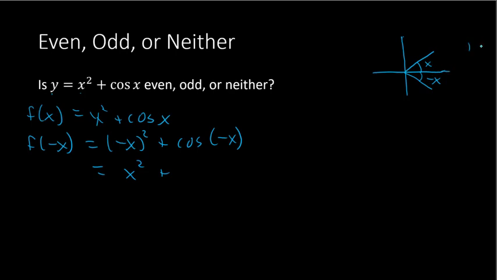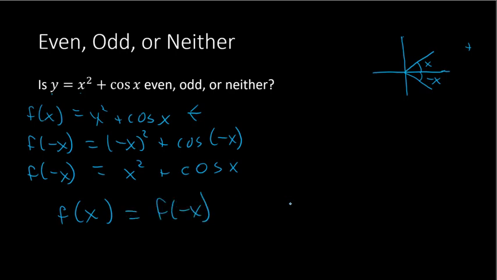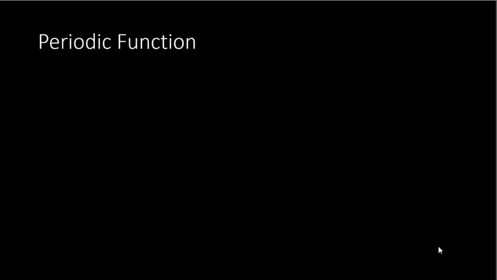Well, cosine for both of these would be positive. It's going to be the same thing. They're equal. So cosine of negative x is the same thing as cosine of x. I can replace it with that. So f of negative x is equal to this, which was the same thing as f of x up here. Because f of x is equal to f of negative x, we would say that this function is even. The function y equals x squared plus cosine x is an even function.